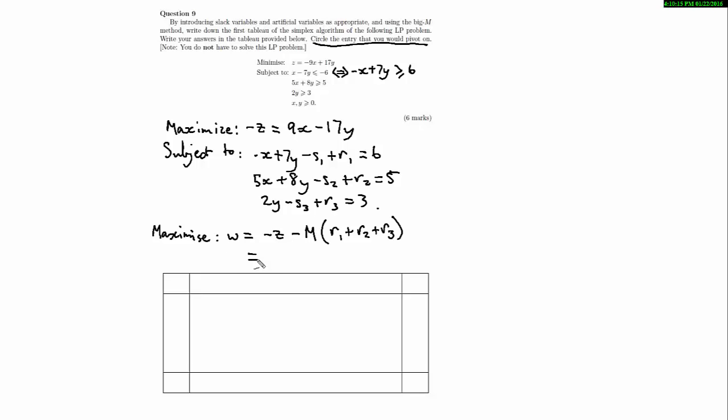Okay, so rewriting w out properly, so we still have -z, which we just substitute in, which is 9x minus 17y, and then we just substitute in r1, r2, and r3 by making them the subjects in constraint 1, 2, and 3 respectively, and then making the necessary substitution.